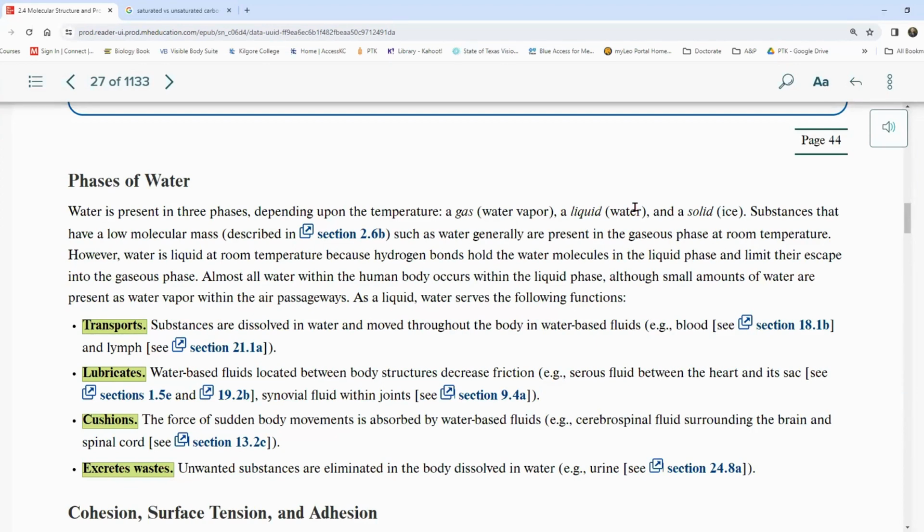It's a lubricating fluid, so it actually helps decrease friction. Our heart and our lungs sit in a sac that protects them from each other. Just like in the previous video, the pericardium actually reduces friction.